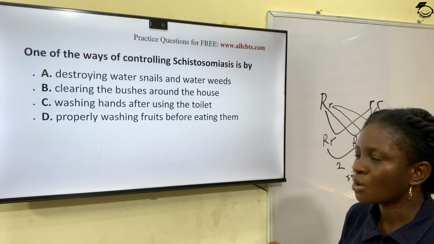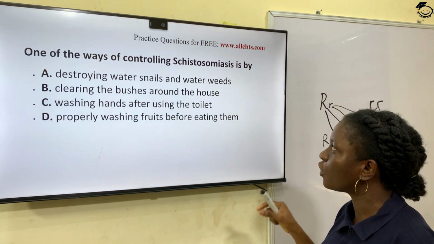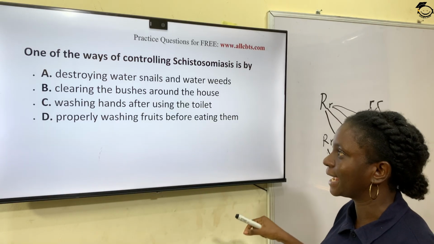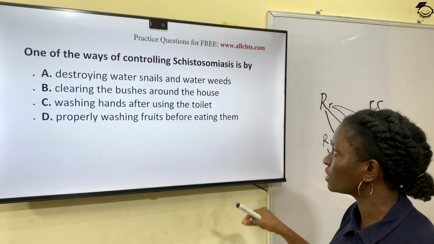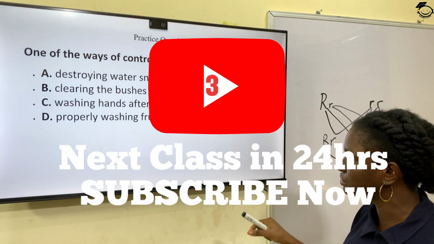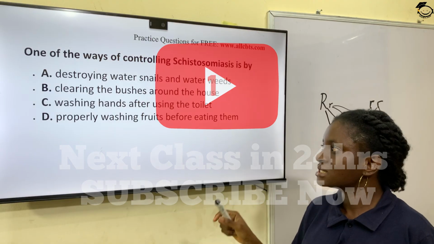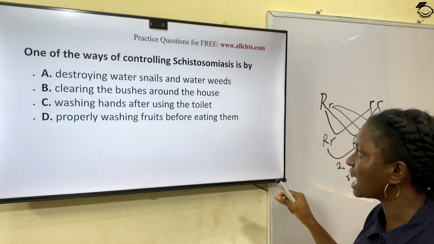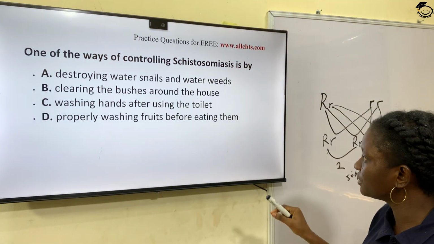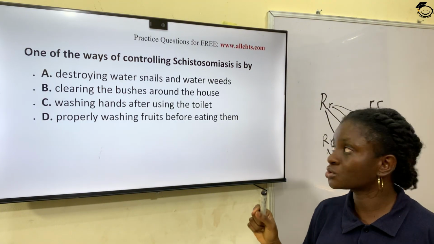Next question. One of the ways of controlling schistosomiasis is by: A. Destroying water snails and water weeds, B. Clearing the bushes around the house, C. Washing hands after using toilets, D. Properly washing fruits before eating them.